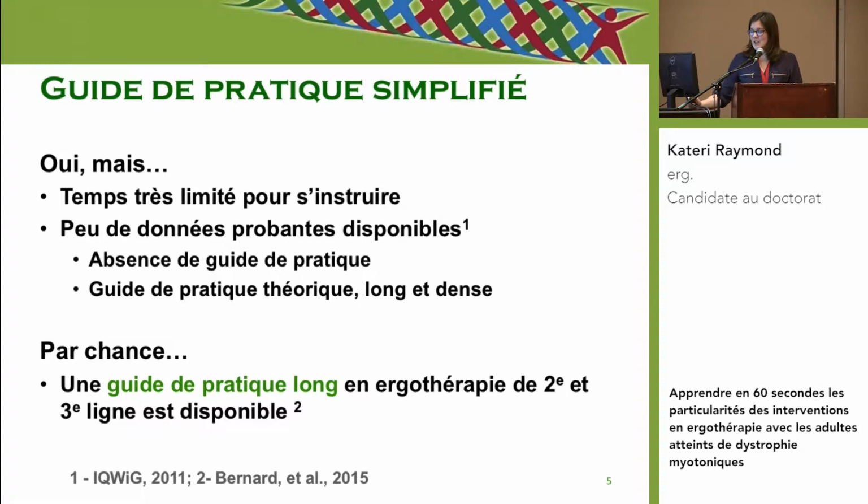Luckily, in our case, there's a long practice guide which was developed for the second and third line occupational therapists. It's quite recent. It came out in 2015. It's a group of students from Sherbrooke University. They were studying in their master's degree.